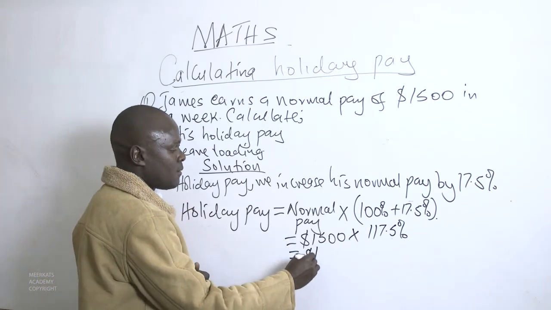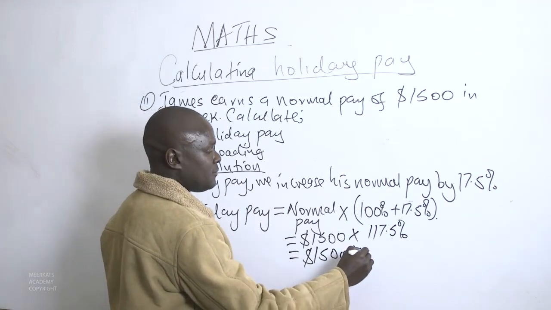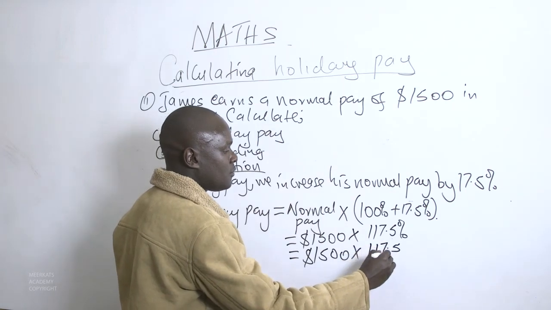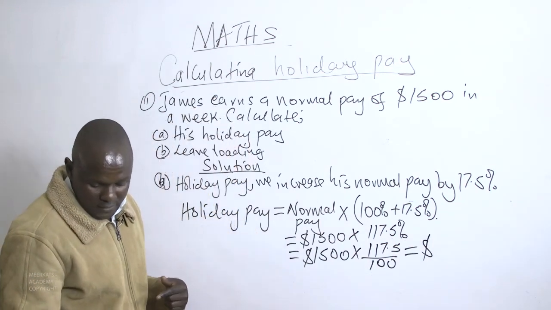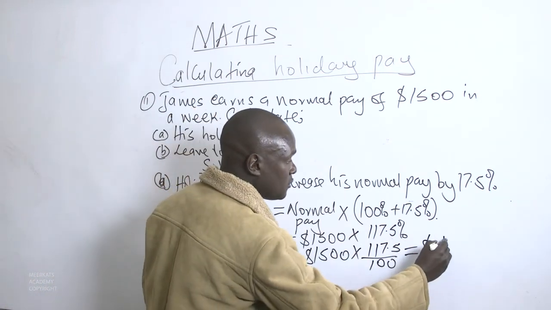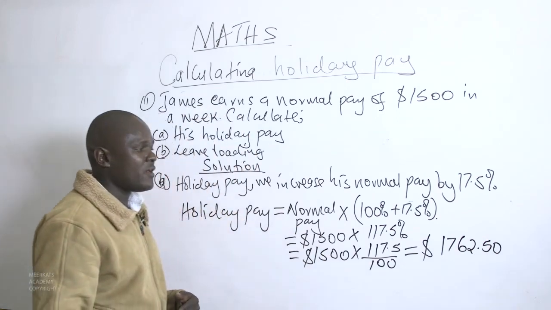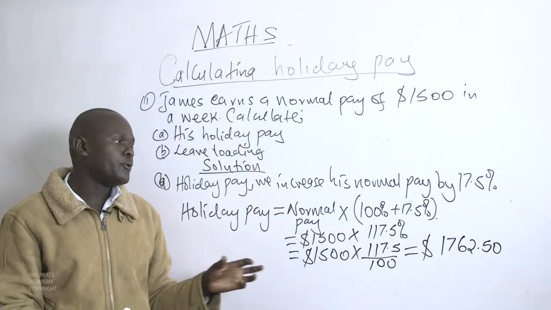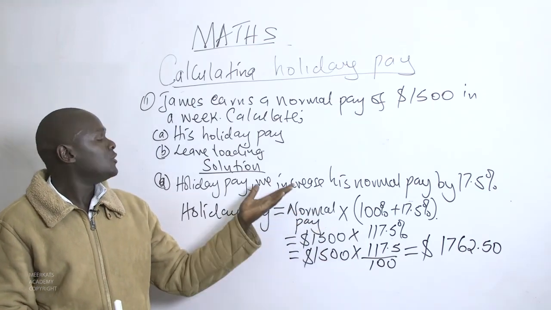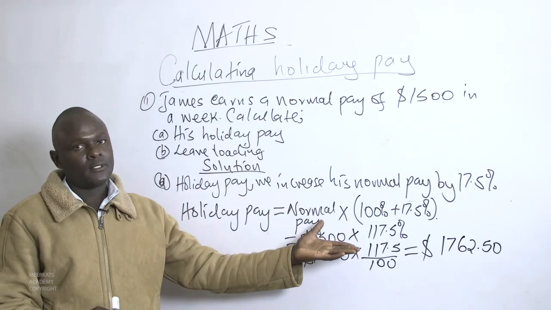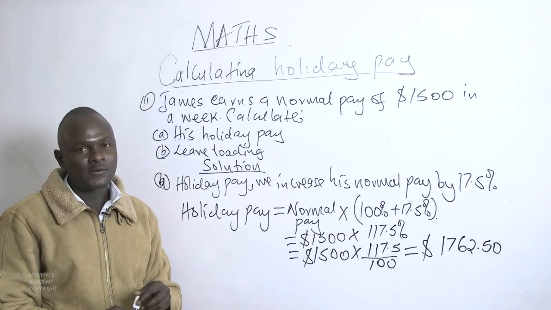So this will be $1,500 multiplied by 117.5 out of 100, and this will give us a holiday pay of $1,762.50. This will be James's holiday pay. He's earning much more, and yet he's not working. He's on holiday.